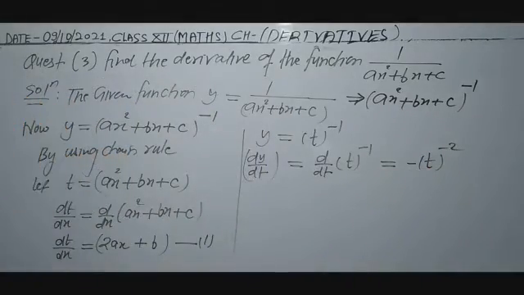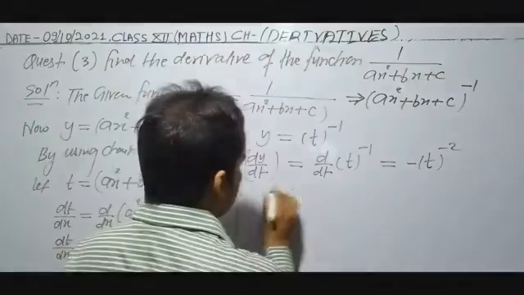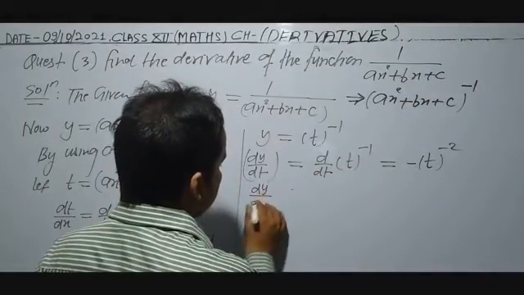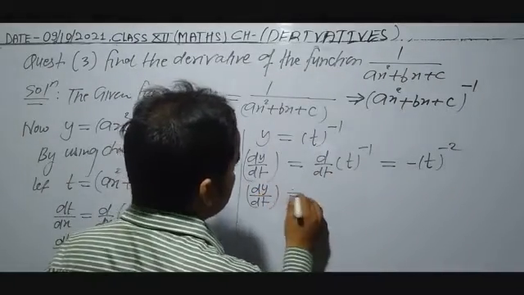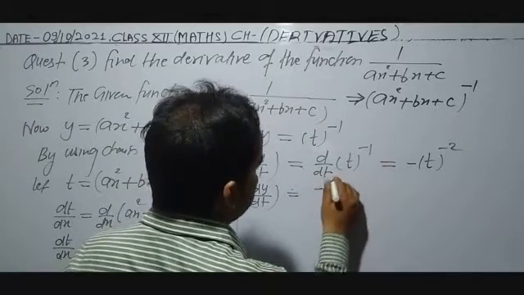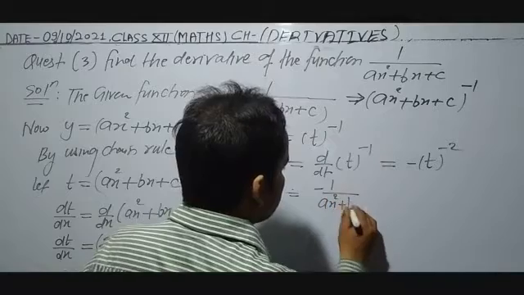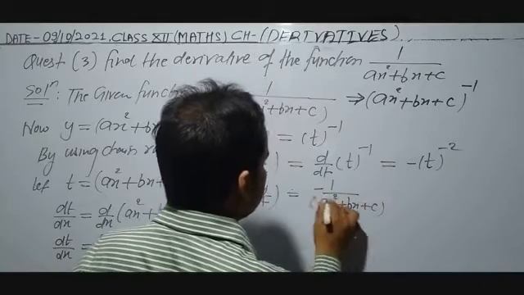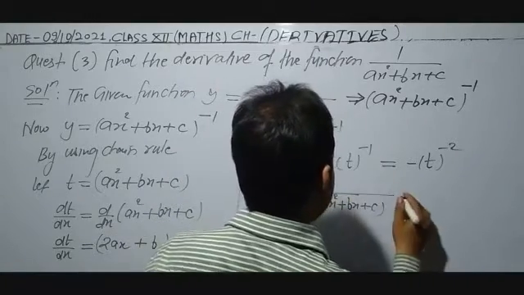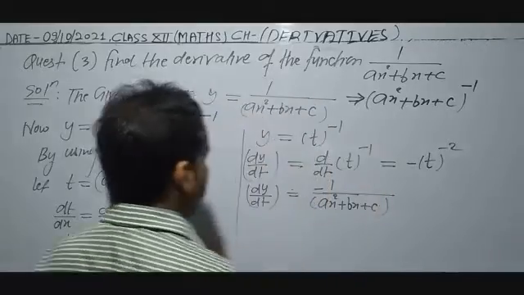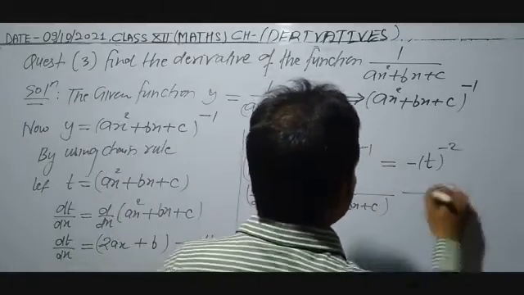And what is t? The t value is ax square plus bx plus c, so dy by dt we can write as minus 1 upon ax square plus bx plus c whole square. This is the format. Consider this equation 2.